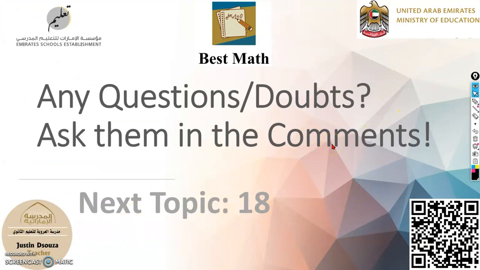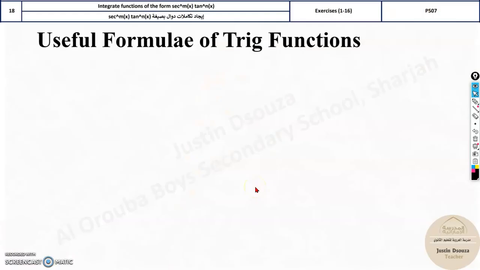The next topic is topic number 18, and here again we are dealing with integration, but this time regarding trigonometric functions. Again, I will remind you that for trigonometric or any integration for that matter, if you have MCQs with options, they can be solved in the calculator.